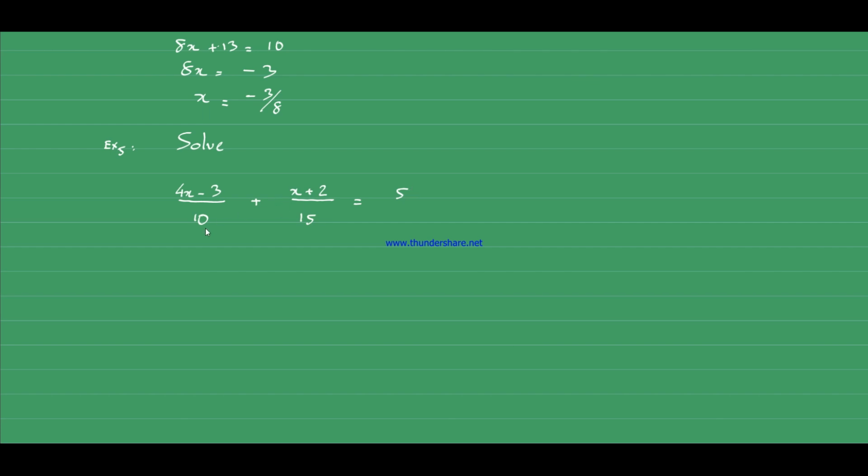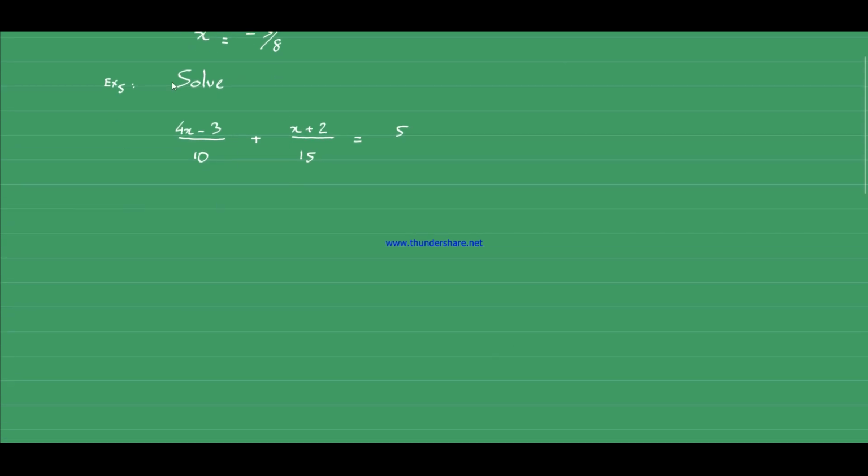Again, this one also has fractions, and you're going to pick a number so that when you multiply by it, it will simplify with 10 and 15 at the same time.